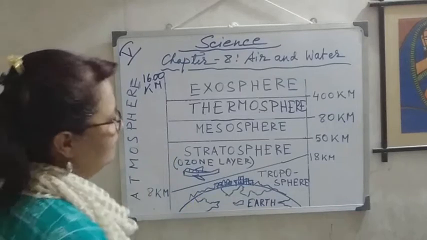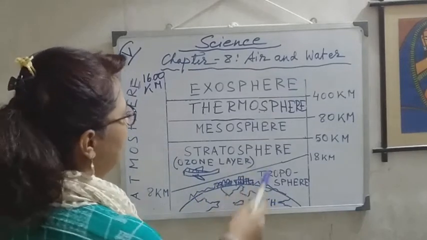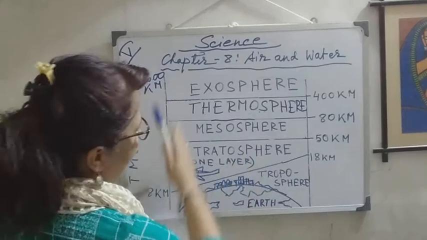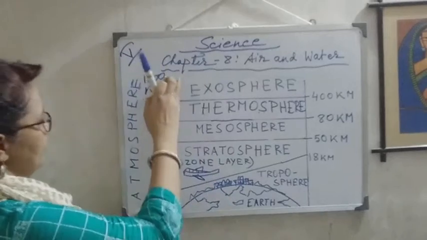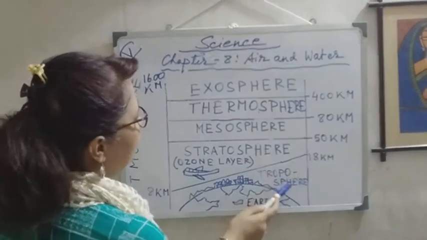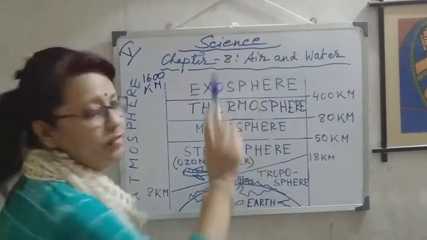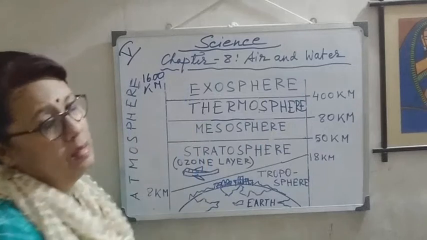Here in this diagram, you can see our Earth, and the atmosphere extends from the Earth's surface up to 1,600 kilometers, and there are 1, 2, 3, 4, 5 layers in the atmosphere.